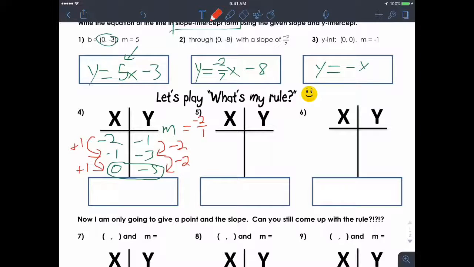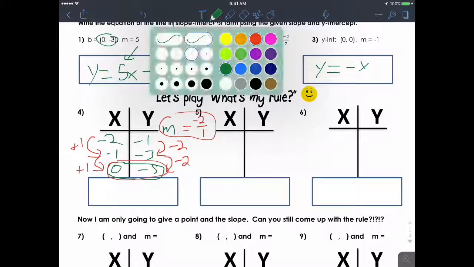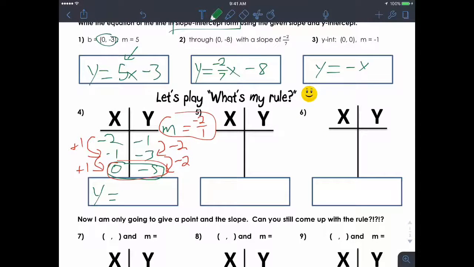Okay, so now that we have the slope and the y-intercept, we can do what we did in number 1, 2, and 3. So this is going to wind up being y equals -2/1x minus 5.